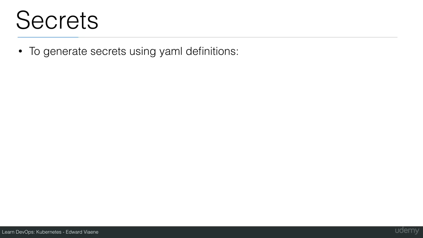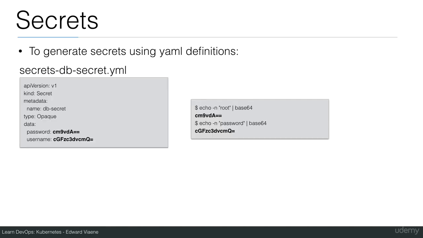If you want to generate secrets using the YAML definitions, previously we always used the YAML files, you're going to create a file secrets.db secret.yml, and this definition is going to be of kind secret. You're going to give it a name, a type, and then you're going to supply the data. Here you're going to supply base64 strings. On the right, you see how you can generate those base64 strings.